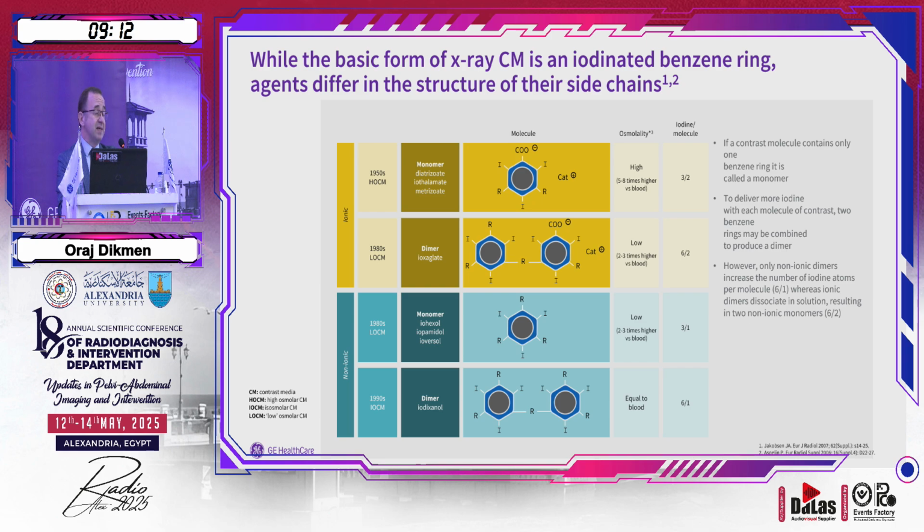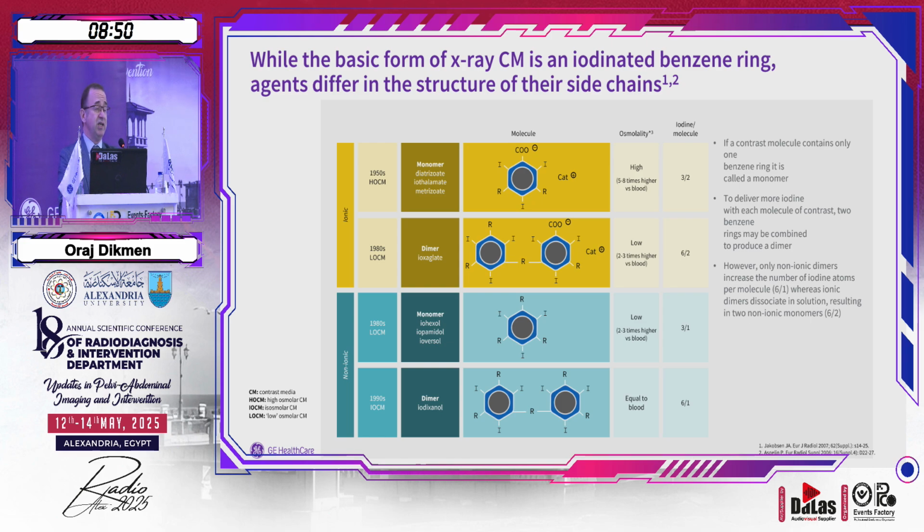And as I said, since the 1950s, from the introduction of ionic high osmolar contrast media products, there has been a move towards removing the ionic side chains and reducing the osmolality of the contrast media that are used in clinical practice.